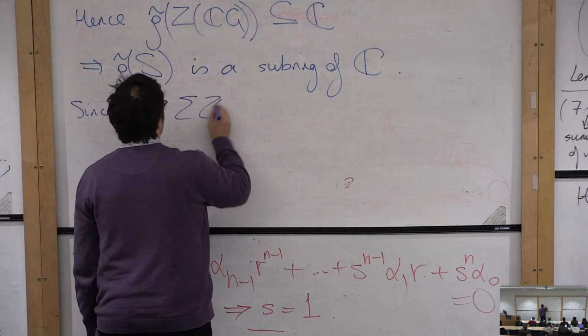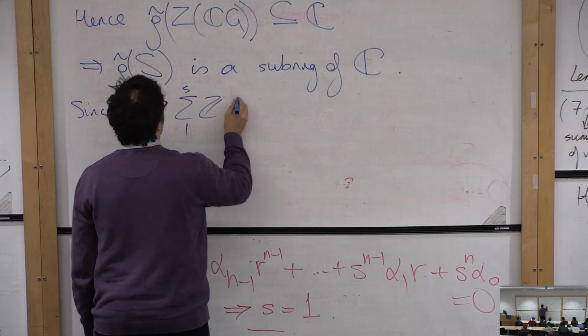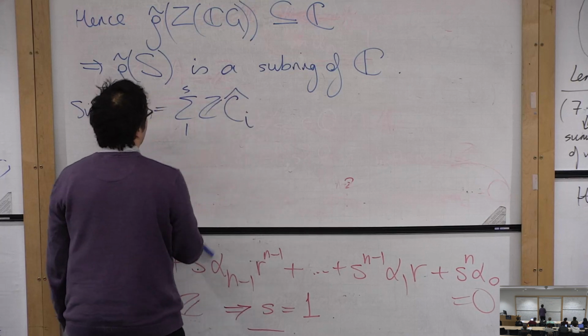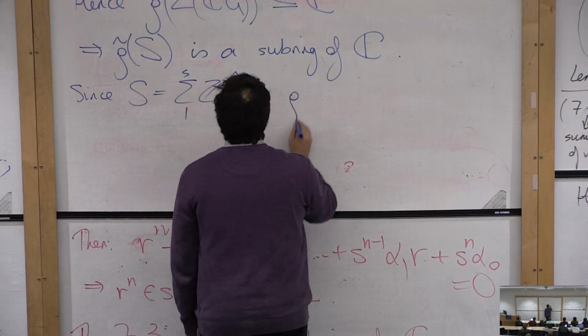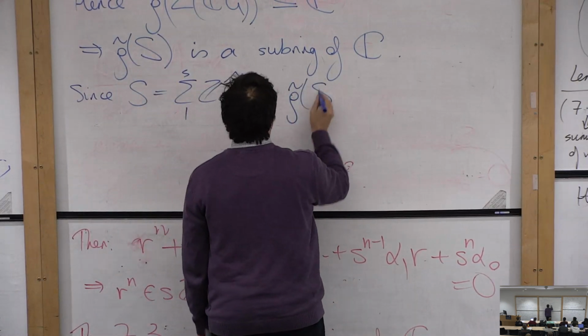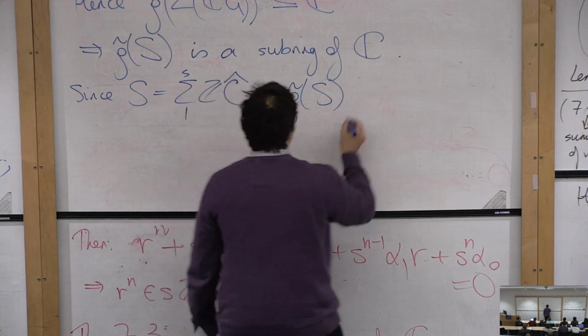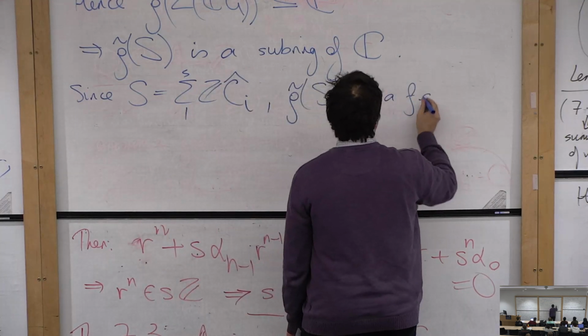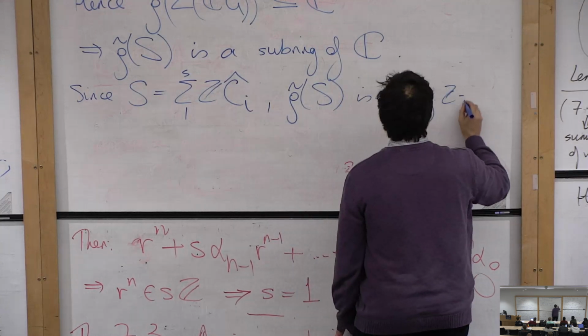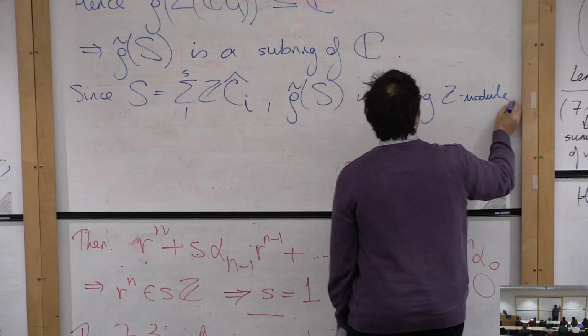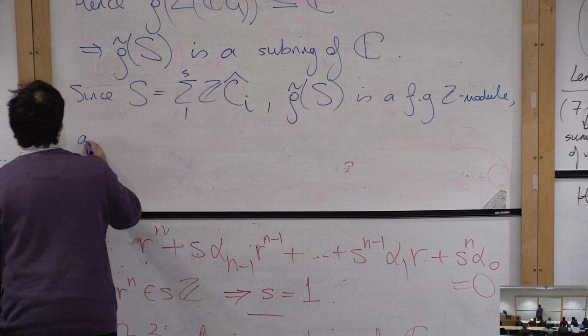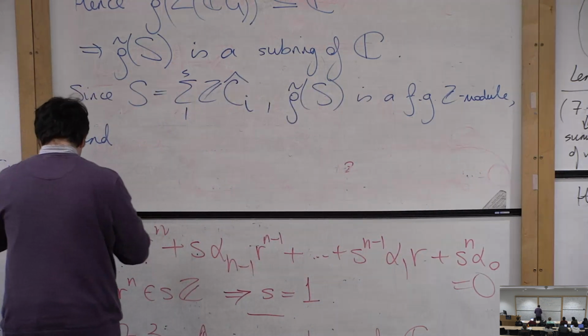S is by definition the Z-span of conjugacy class sums. If I apply a ring homomorphism to this, it doesn't change. Finitely generated Z module. And what?